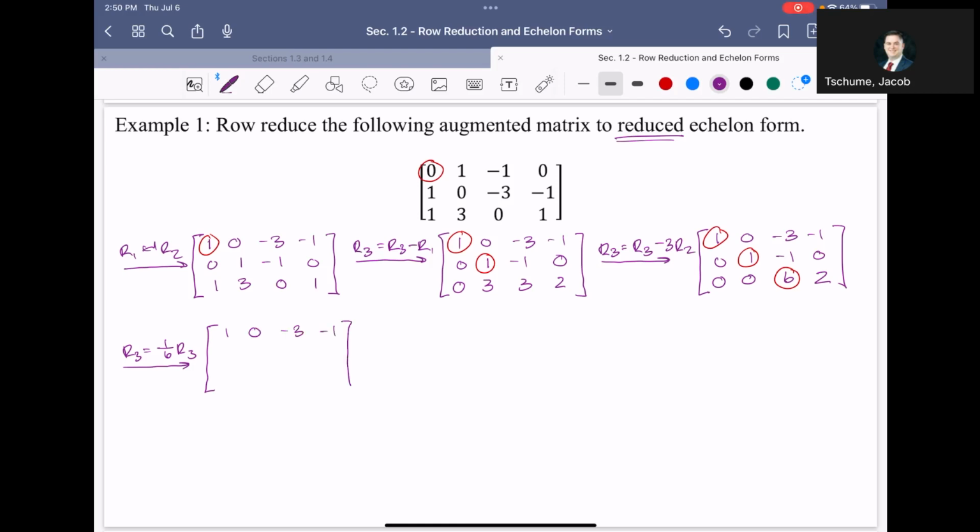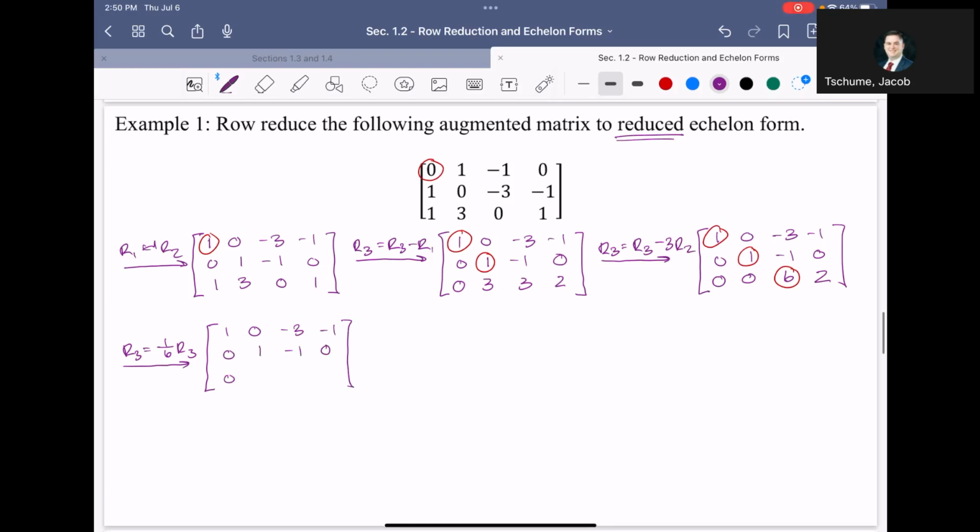All right, so once again, we're not touching row 1 and row 2 just yet. And the bottom row, if I multiply everything by a 6th, will be 1, and then 2 times a 6th is a 3rd. You now notice we're almost done here. We got all 3 of our pivot positions as the right number.